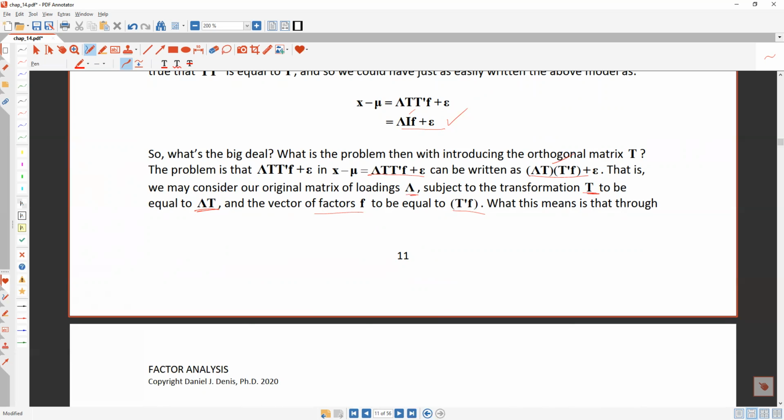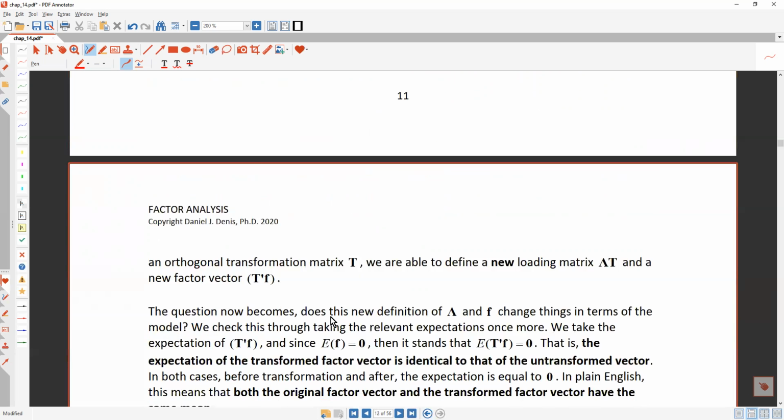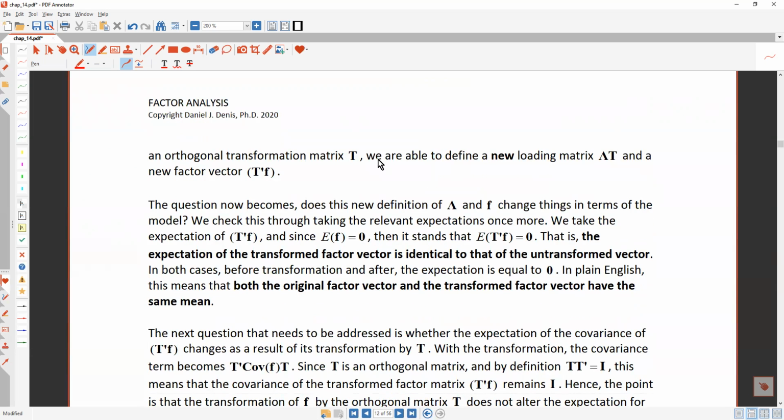So the implication of that problem is that through this orthogonal transformation using T, we are able to define a new loading matrix times T, and a new factor vector. This is the idea of the rotation: if you make the transformation, you'll have a new loading matrix and a new factor vector.